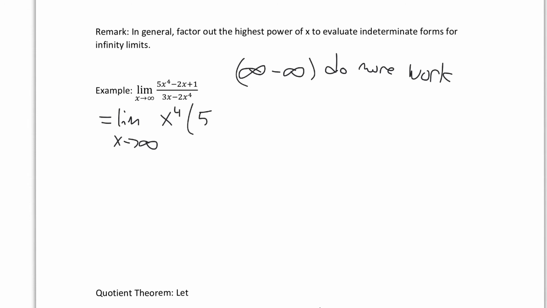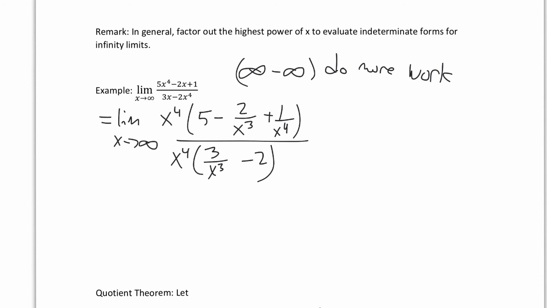So let's look and factor out the highest power of x from both the numerator and the denominator. In the numerator, it looks like there's an x to the 4. So it'll be 5 minus 2 over x cubed plus 1 over x to the 4. It actually looks like the bottom has the same. The denominator also has a power of x to the 4 that we can factor, or force factor. That'll give us 3 over x cubed minus 2.